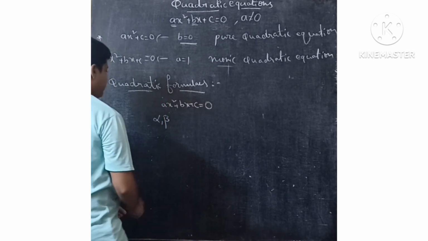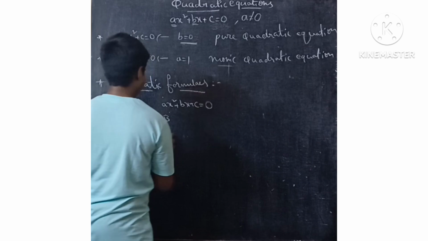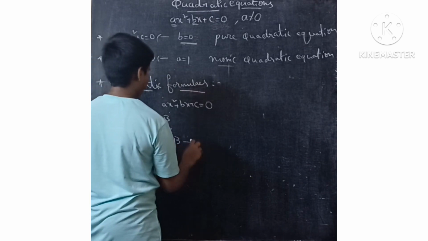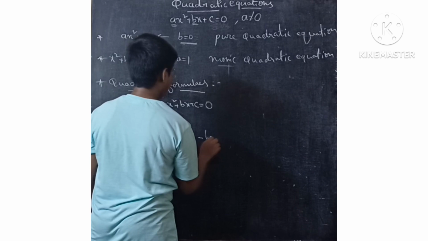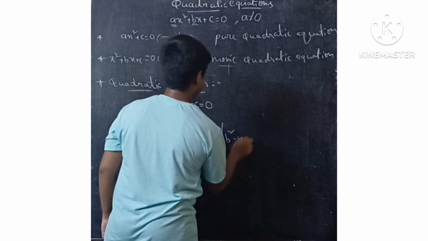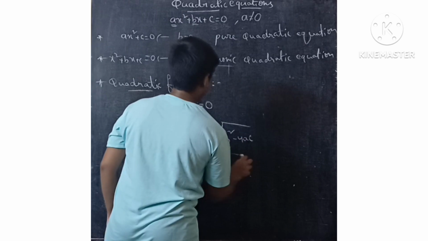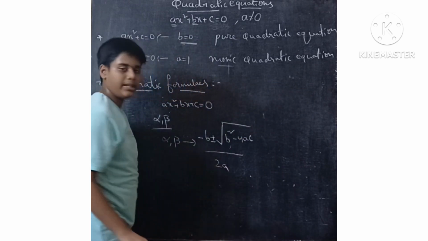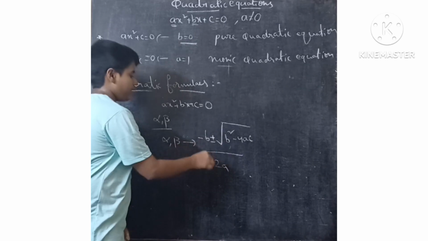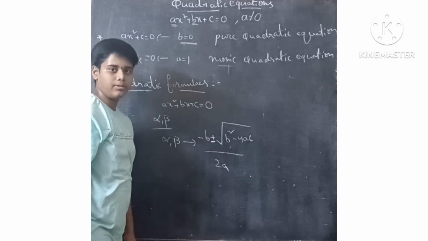Okay. And here the two roots, if I take alpha and beta roots, are minus b plus or minus root over b square minus 4ac by 2a. Here in this two roots are there, which means plus is one of the roots and minus is one of the roots.